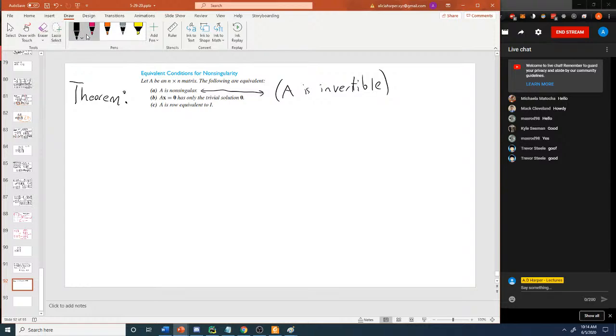So here's how this is proved. Let's take our matrix A and let's suppose A is non-singular. Thus it has an inverse.